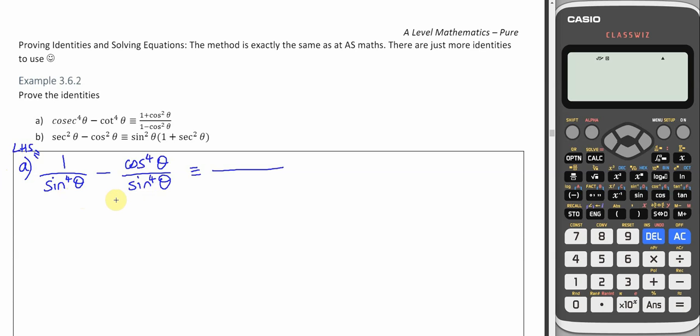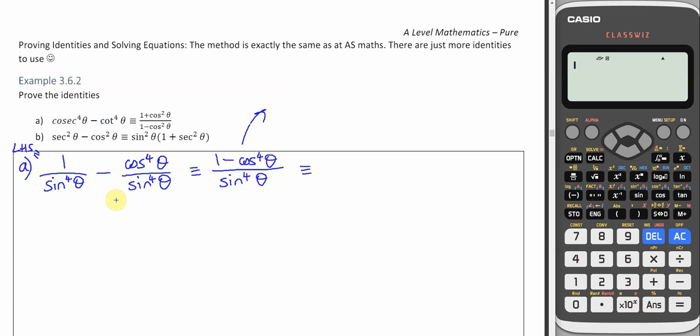So I've got a common denominator of sine to the power 4 theta, and in the numerator 1 take away cos to the power 4 theta. I said at the beginning, I've noticed we've got the difference of two squares. I could have used it immediately at the beginning, or I could use it now. This numerator will factorize.